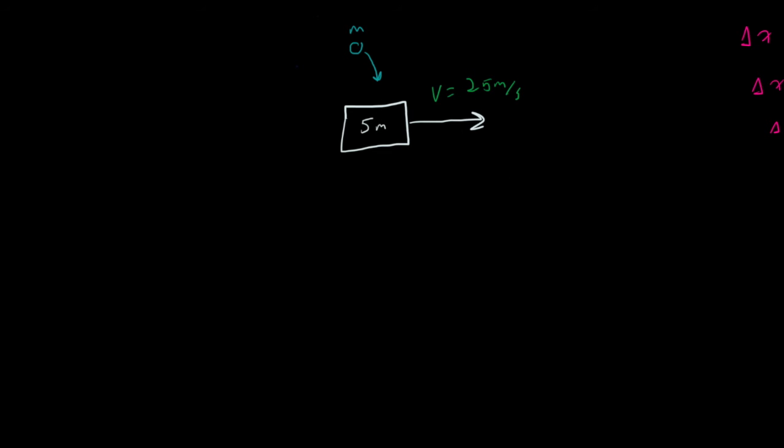Well, the momentum of the box at the start has to equal its momentum at the end, even though it's got more mass. And so at the start, it's going to be 5m times 25. And at the end, it's going to be 5m plus m, the new total mass, times v.